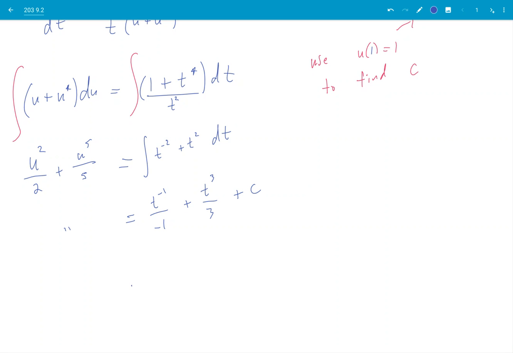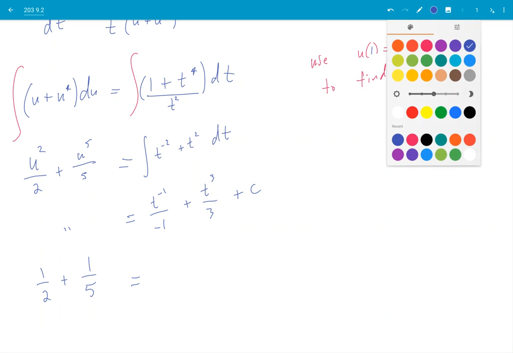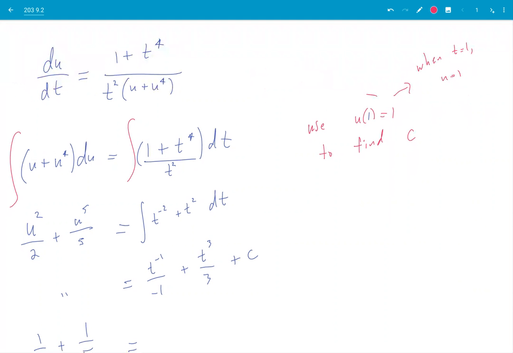No change there. Okay, sorry about that. So I get a half plus a fifth again. So same idea here. I want to find c by plugging in t is 1 and u is 1.